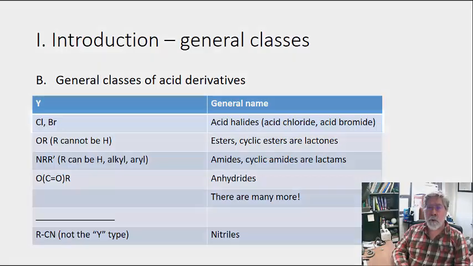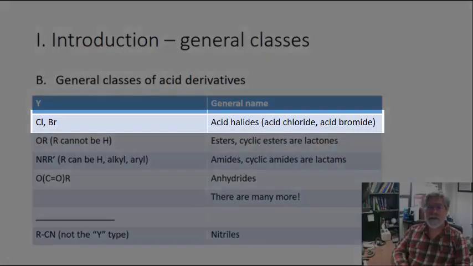The first one is the halides. There are 2 halogens that you see most often, chlorine and bromine. The most general name for this class of acid derivative is, of course, acid halide.